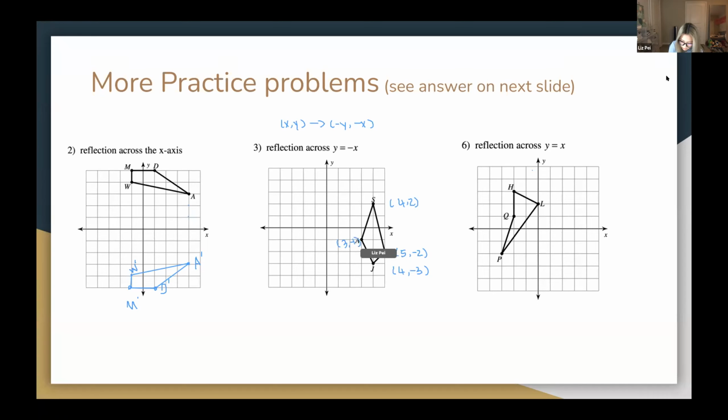So change the coordinates to negative y and negative x. For S prime, we will have -2, comma, -4. We can graph that right here, -2 and -4. That will be our S prime. For T prime, we get 2, comma, -5, which is right here.